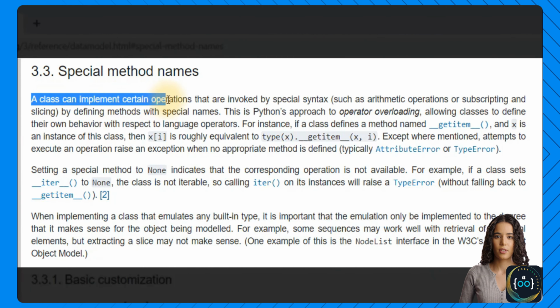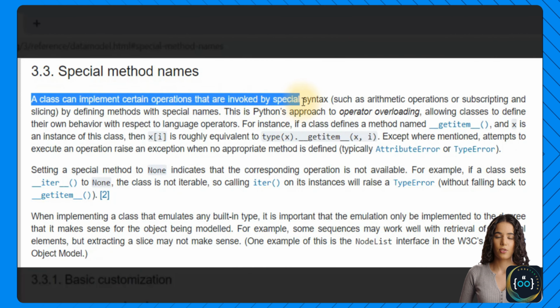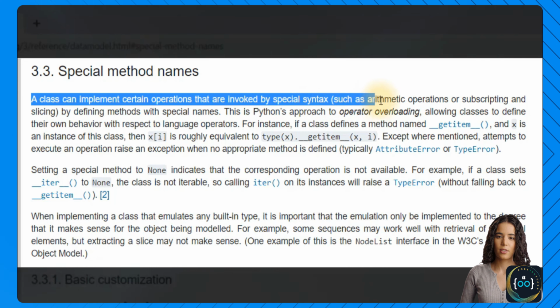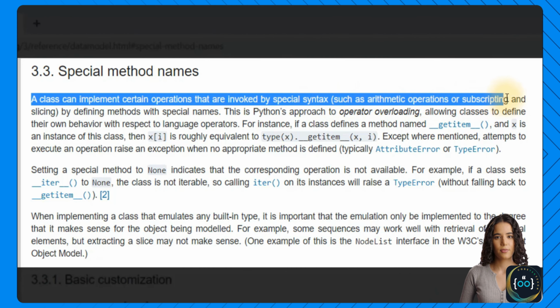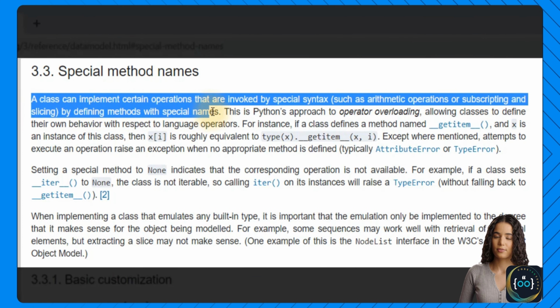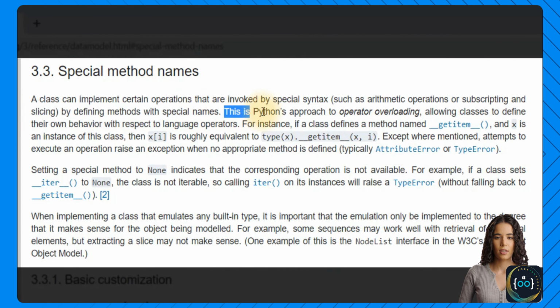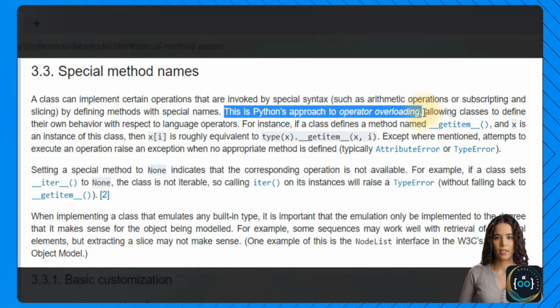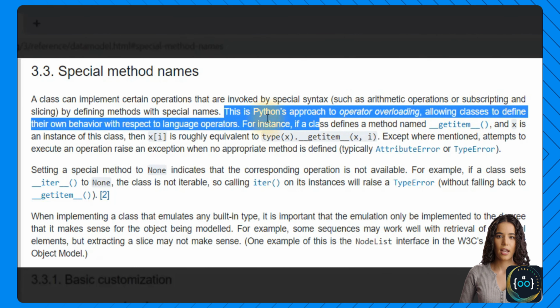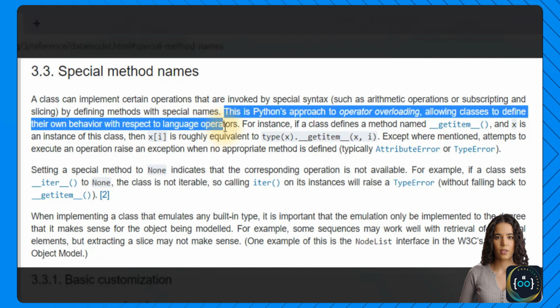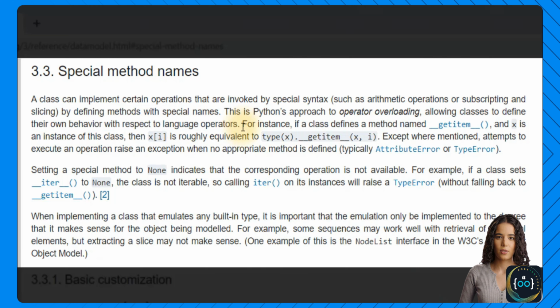A class can implement certain operations that are invoked by a special syntax, such as arithmetic operations or subscripting and slicing, by defining methods with special names. This is Python's approach to operator overloading, allowing classes to define their own behavior with respect to language operators.